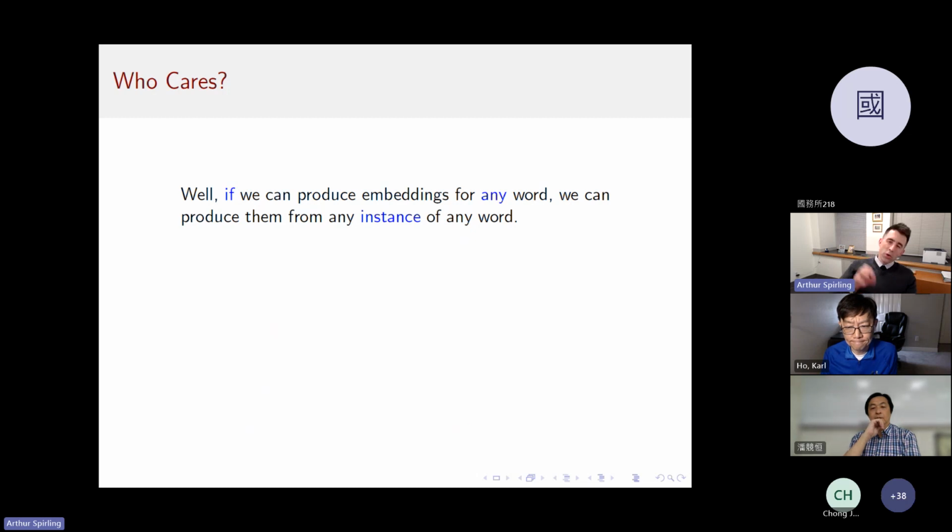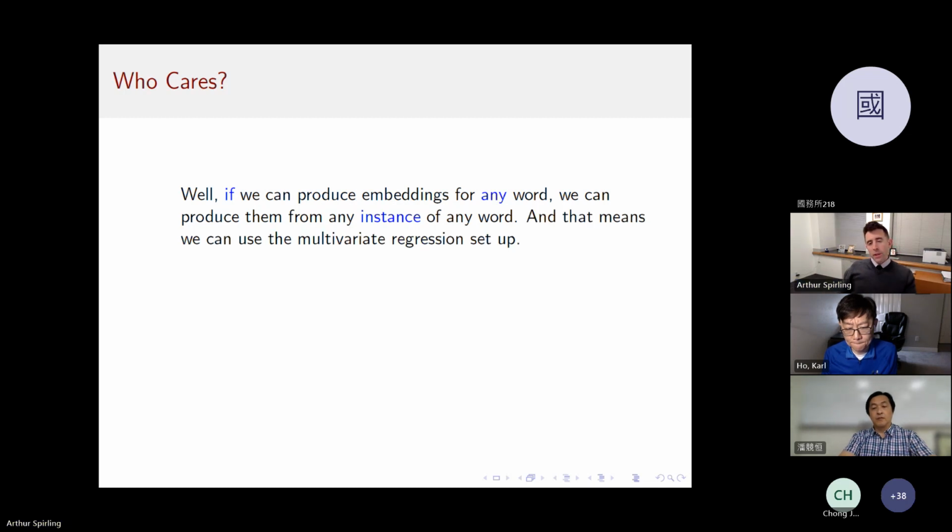Every time you say a word, even if you say it multiple times in a speech, or just 3 or 4 times in a lifetime, I can get an embedding for that particular instance of the use of that word. And that can in principle change a little bit from person to person. But then that means I can put everything in that multivariate regression setup.